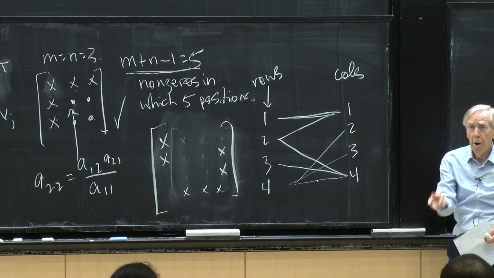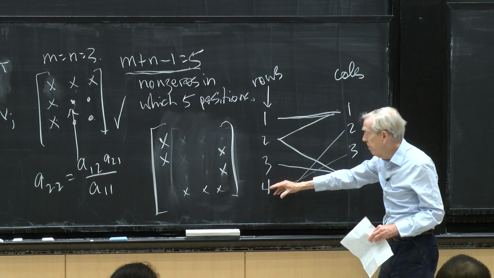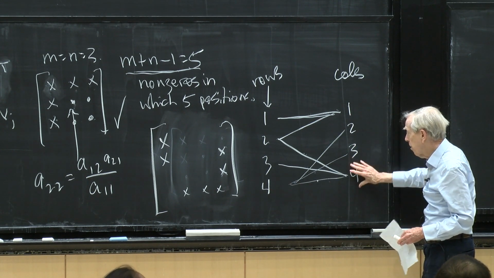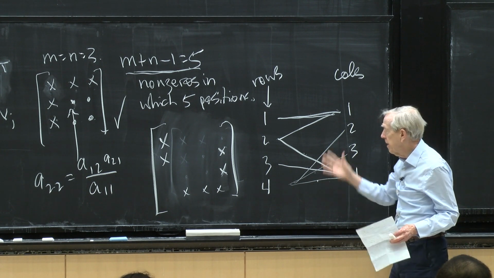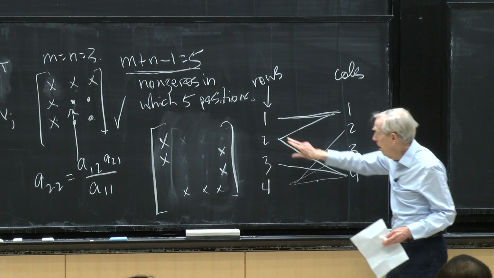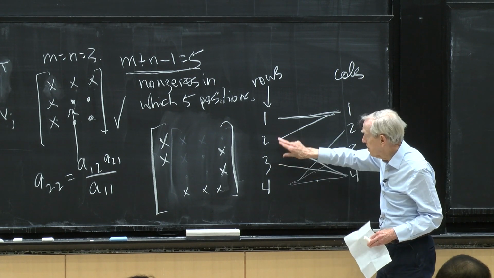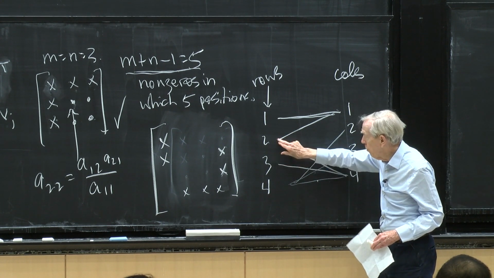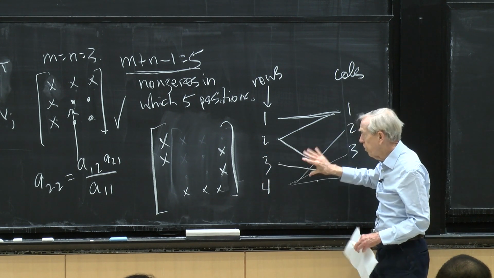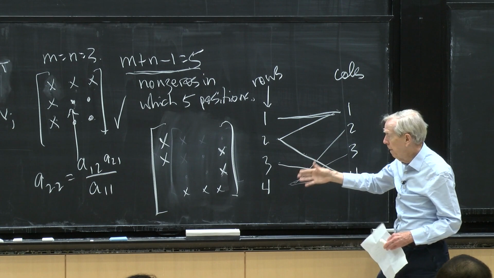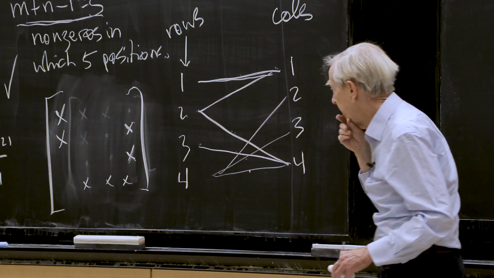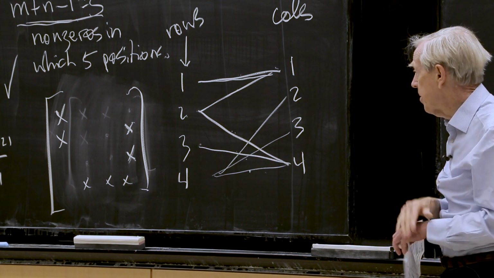Bipartite means 2 parts. The rows give me one part, the columns give me the other part, and all the connections go between the parts. I don't have any lines from a row to a row. This tells me where those 7 positions are.